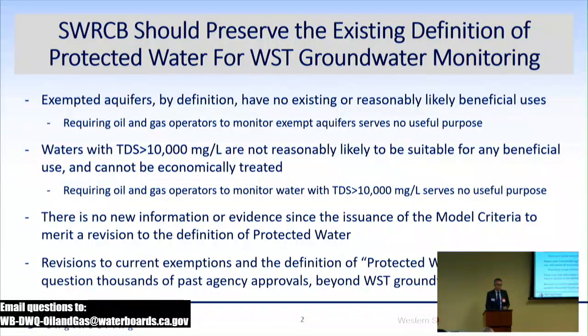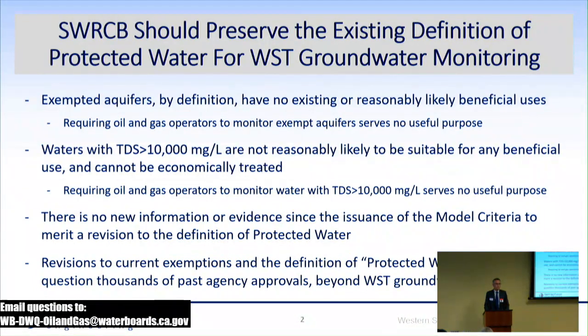And likewise, waters with TDS greater than 10,000 are not reasonably likely to be suitable for any beneficial uses and cannot be economically treated. And again, requiring operators to monitor water with these TDS higher than 10,000 serves no useful purpose. And I'll get into a few arguments as to why I believe that to be true.